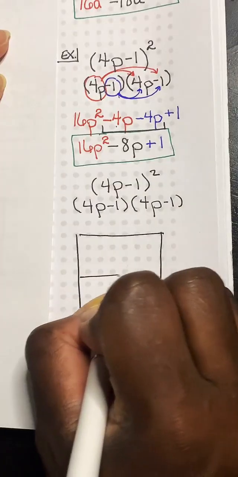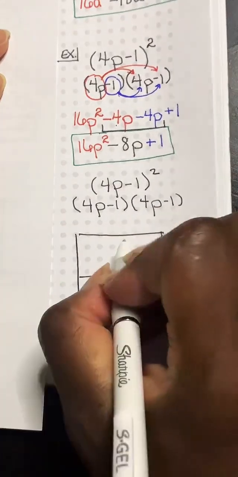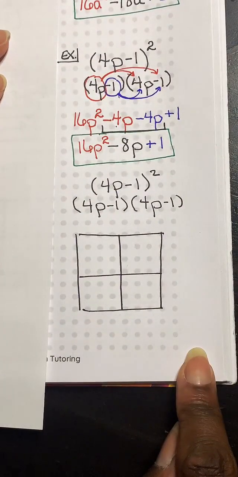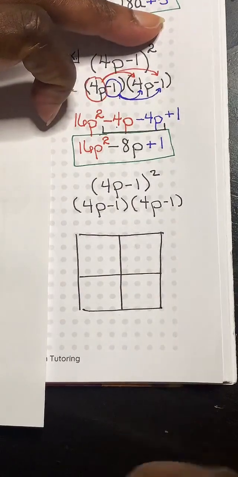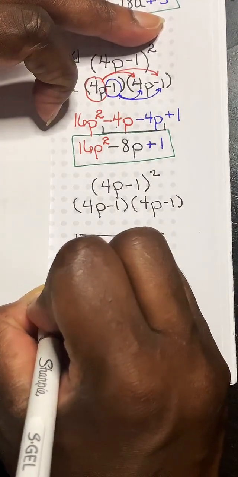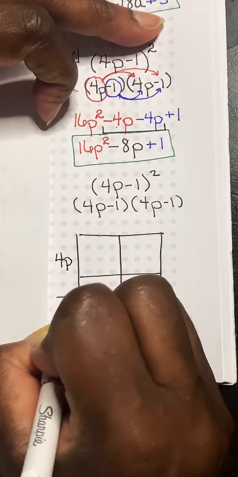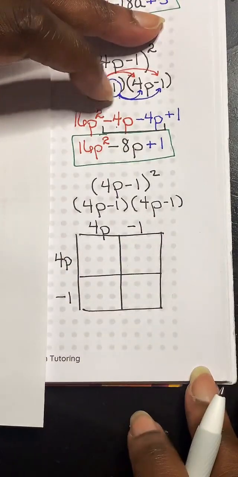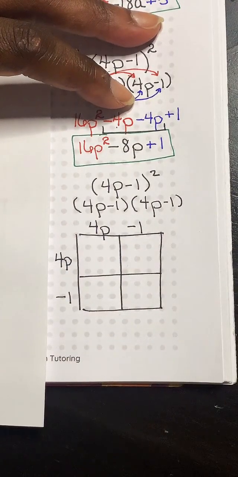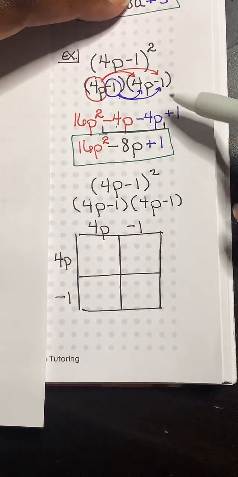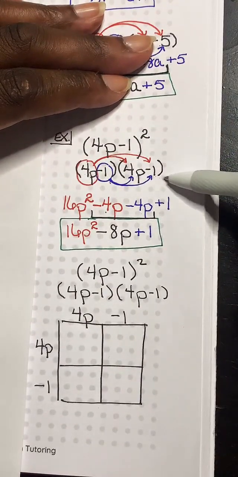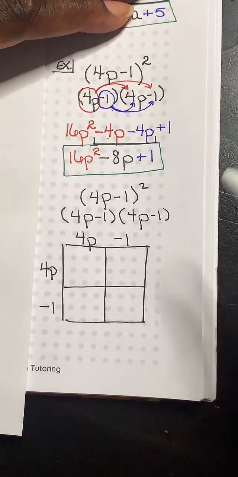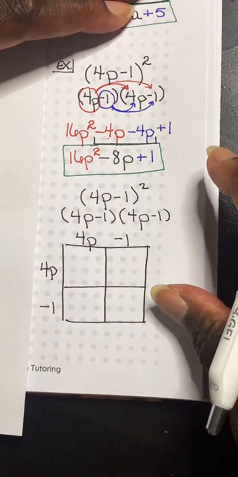That means two rows, 2 columns. It doesn't matter which one, but I got my 4p minus 1 here and my 4p minus 1 there. Once you solve it using the distribution or the FOIL, you don't have to do the box too. Please pick which one you feel comfortable with.